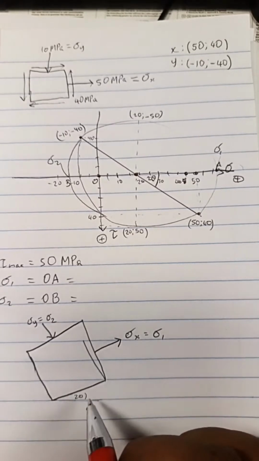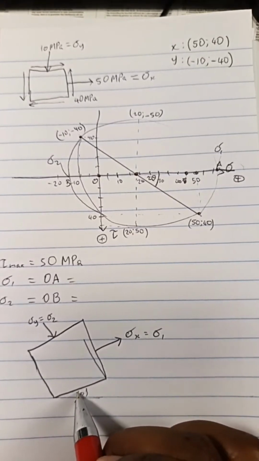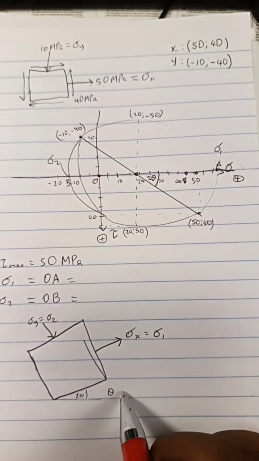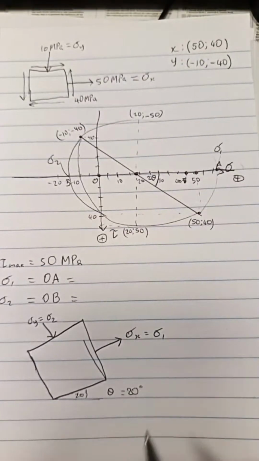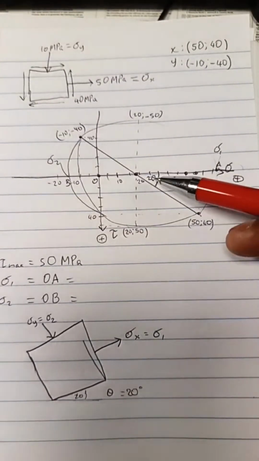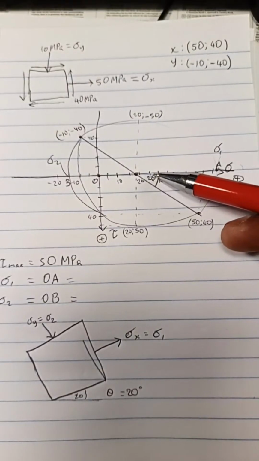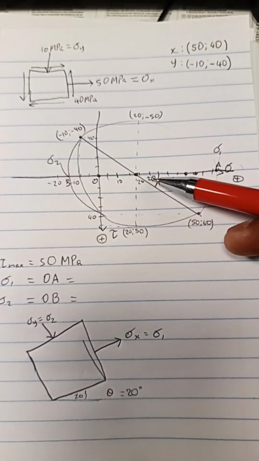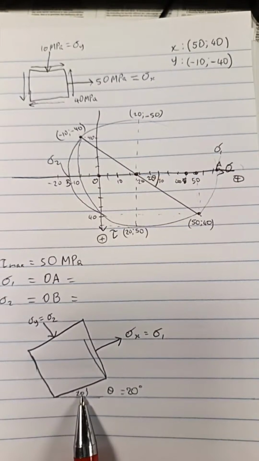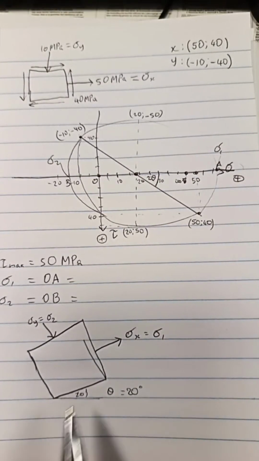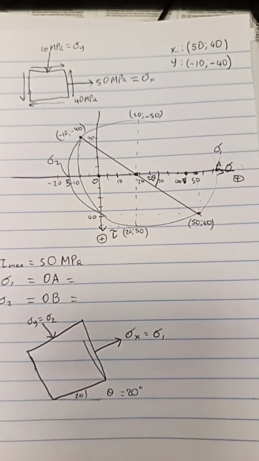I think that makes sense. So you will write that as theta. Maybe say theta is equal to 20. I'm just making an example, I don't know because I didn't measure that. But I said, if this is equal to 40, then this must be 20. All right, that is how you draw Mohr's circle.